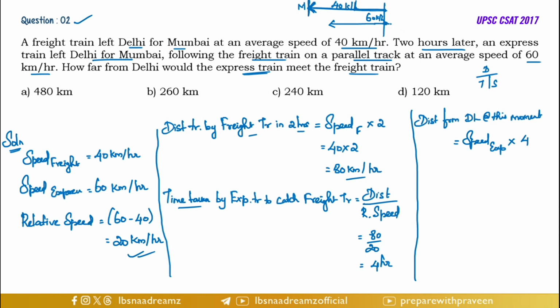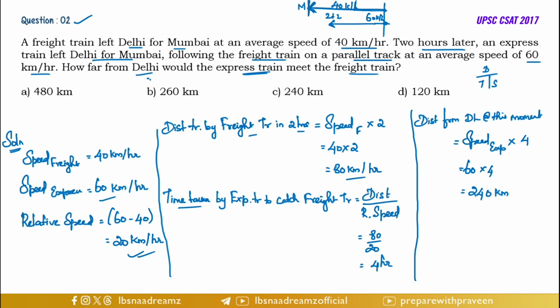So after 2 hours it is leaving towards Mumbai, so 2 plus 2 is equal to 4. So speed of the express train into 4. What is the speed of the express train? 60. 60 into 4 is equal to 240 kilometer.